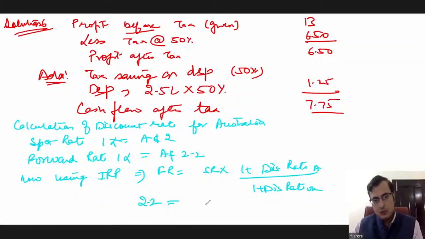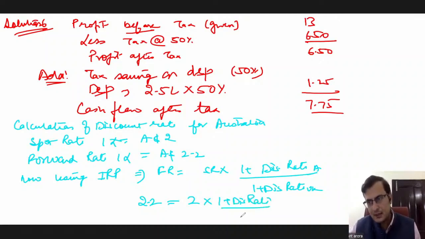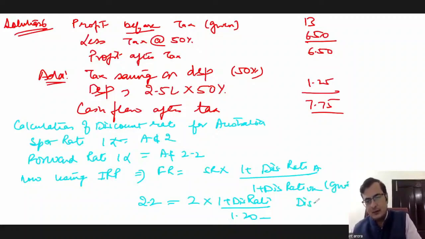FR is 2.2, SR is 2, and the discount rate is what is required, so 1 plus the discount rate, divided by 1.20. This is already given. So what will be the discount rate?